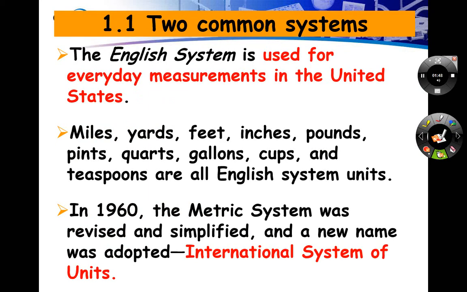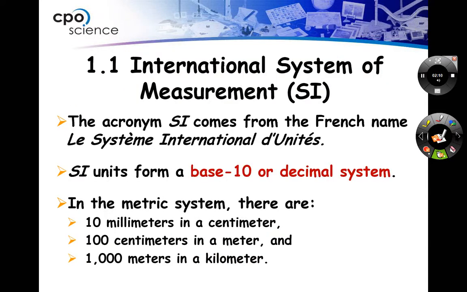The English system is used for everyday measurements in the United States, like miles, yards, feet, inches, pounds, pints, quarts, gallons, cups, and teaspoons. These are all English units. But in the 1960s, the metric system was revised and simplified, and a new name was adopted, the International System of Units. We call that SI.